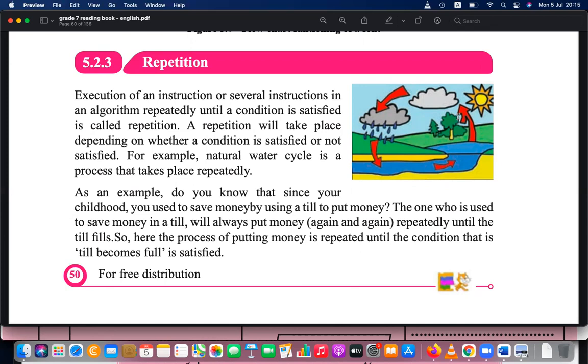So another thing. Have you watched a movie called The Last Airbender? Yes, sir. Cartoon or movie? Cartoon. There's a movie. No, sir. So if possible, watch it. It's a very nice movie, because there's something related to the water cycle.